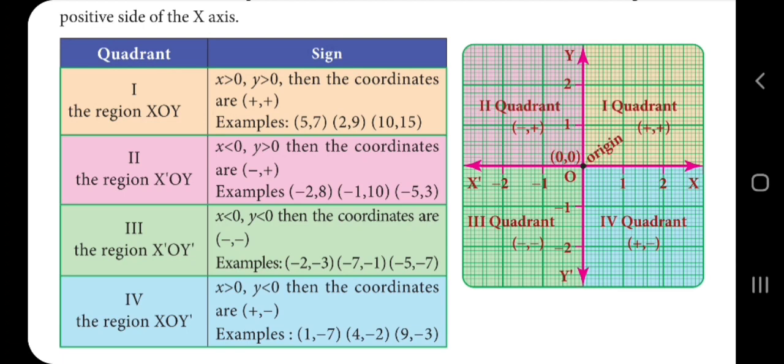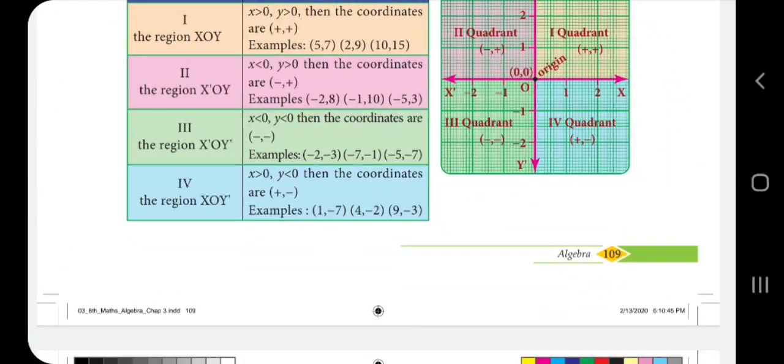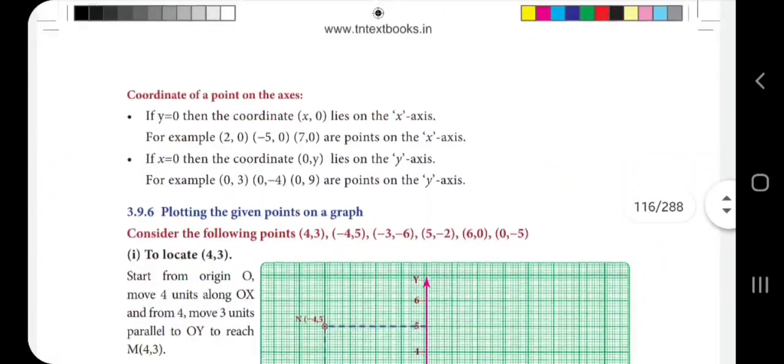In the third quadrant both are negative, like (-2, -2). In the fourth quadrant, x is positive and y is negative. You go through this in your book, page number 109.